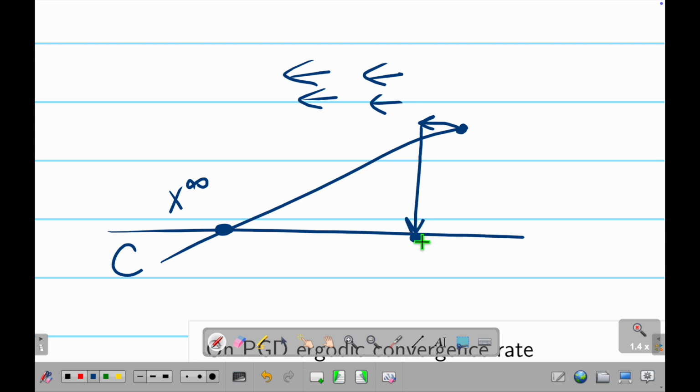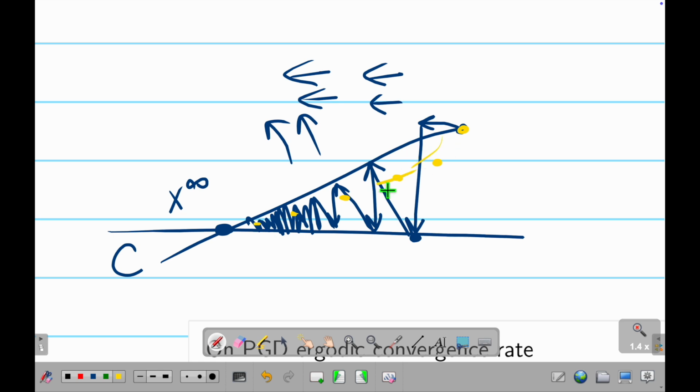Then the gradient vector field, let's say, I make a mistake, should be here. Then it will point to here. And then projection goes to here. And then the gradient again points to here, and then projection goes to here. Now you should see what I'm talking about. Your sequence is not monotonically getting closer to this.